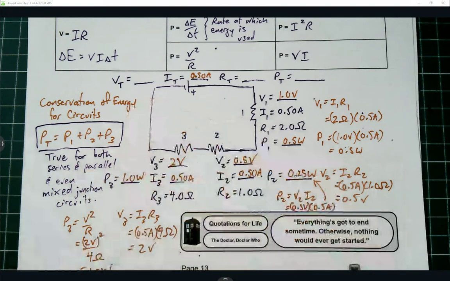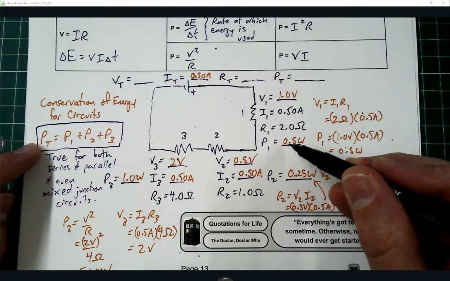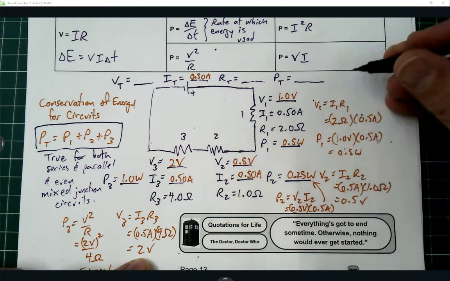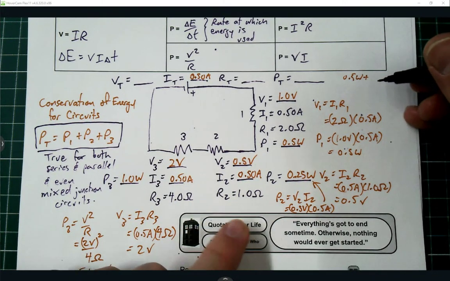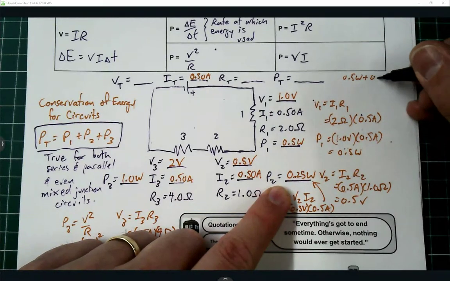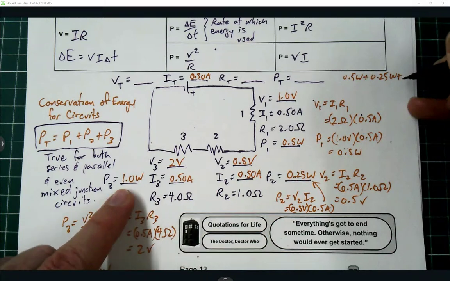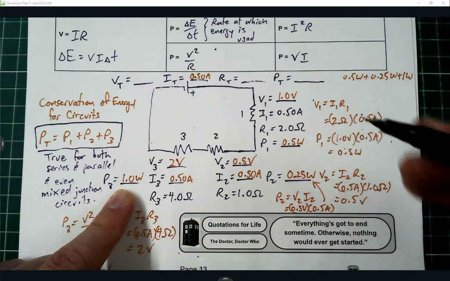Okay, so I'm going to put it out there that this is actually, no pun intended, a powerful equation. But when I look at this, that means that if I already calculated power 1, power 2, and power 3, power 1 was 0.5 watts, plus power 2, 0.25, plus power 3, 1 watt, that's 1.75 watts.